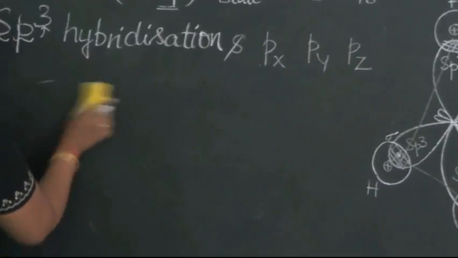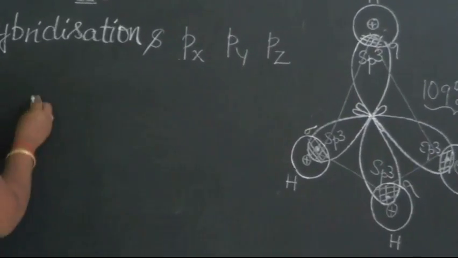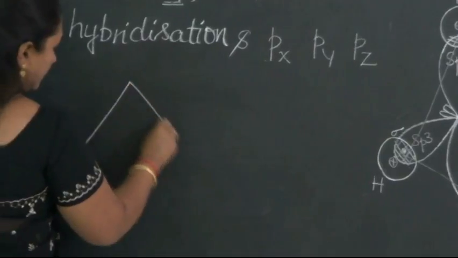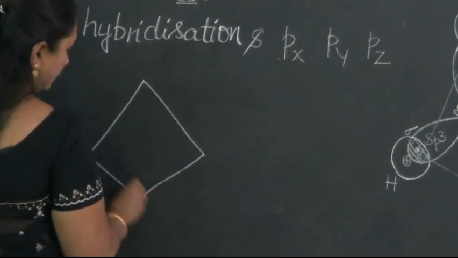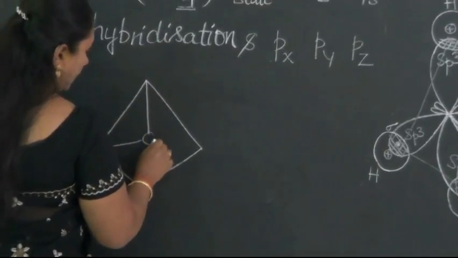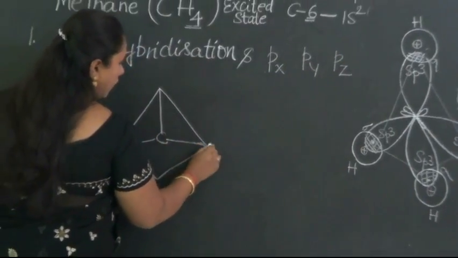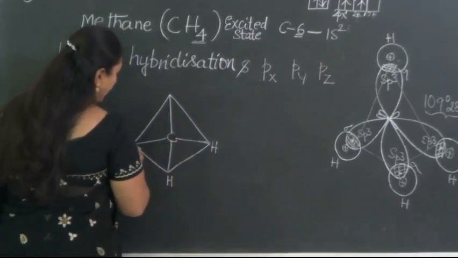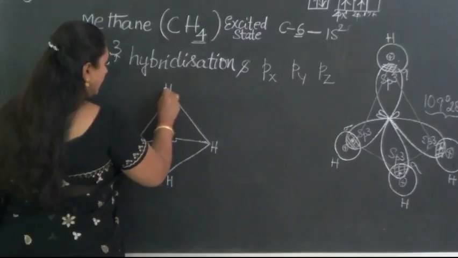Now finally, how will this molecule be with this shape? So this is the carbon atom and each corner is occupied by the hydrogen atom.